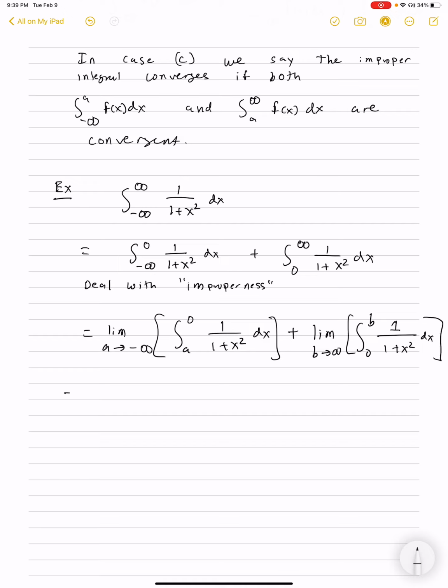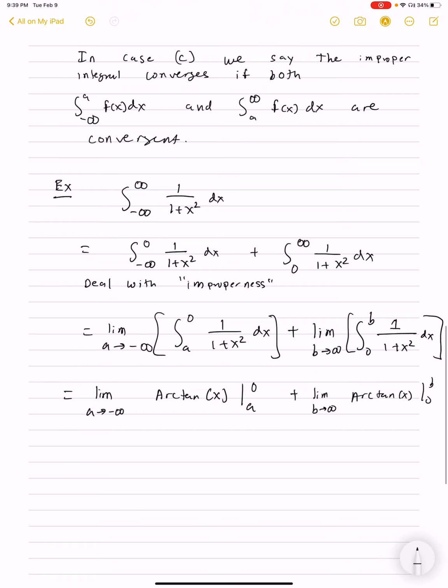And we're going to integrate each of these. This will be this limit as a goes to minus infinity of this arc tangent of x from a to 0 plus limit as b goes to infinity of this arc tangent of x from 0 to b.